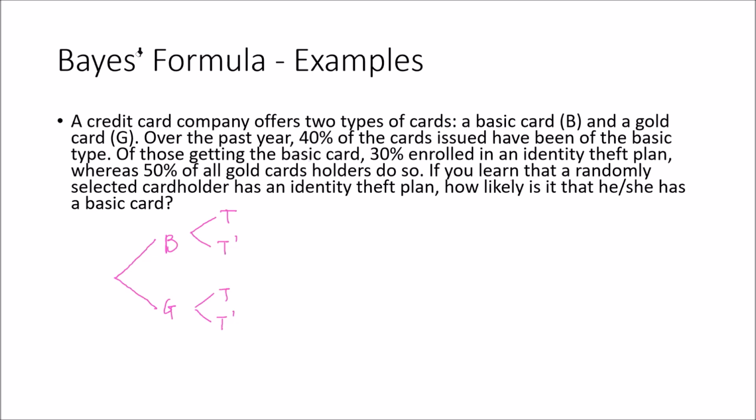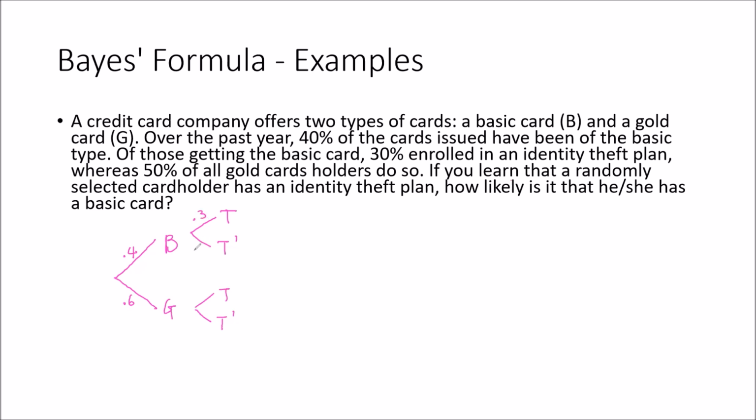And then we mark all these probabilities. Among these people, 40% are basic. So let's put 0.4 here and then 0.6 for the gold card. Of those getting the basic card, 0.3 would enroll in an identity theft plan. The probability is 0.3.